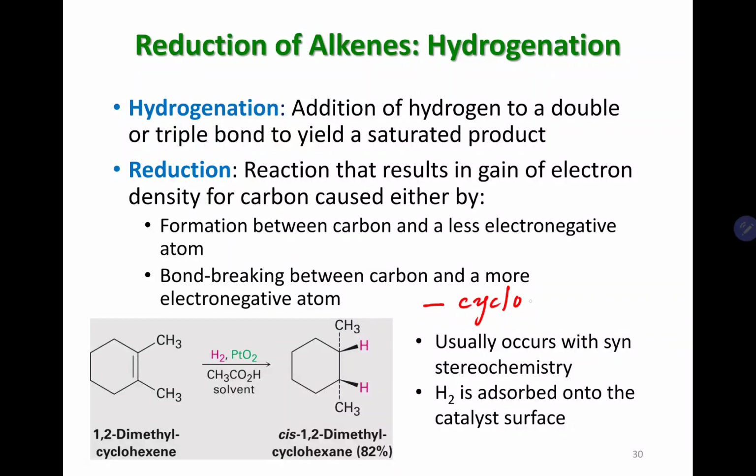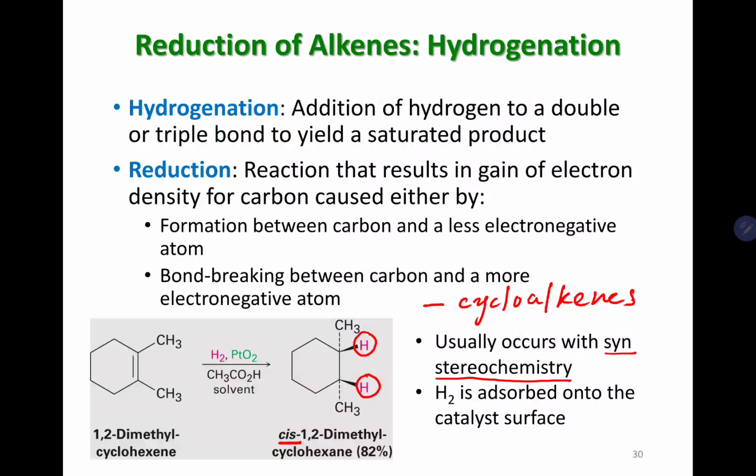Why? Because if you have cycloalkenes, then stereochemistry could be important, because hydrogenation adds hydrogen according to syn stereochemistry. This means the two incoming hydrogen atoms are going to be on the same side, like cis. So the two hydrogens are going to be cis to each other.